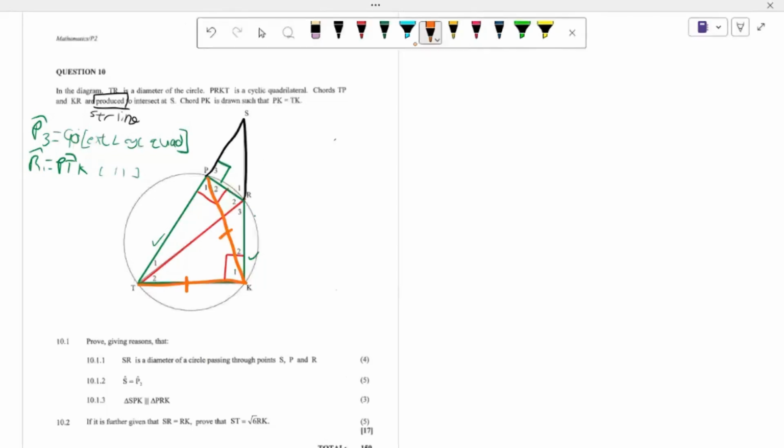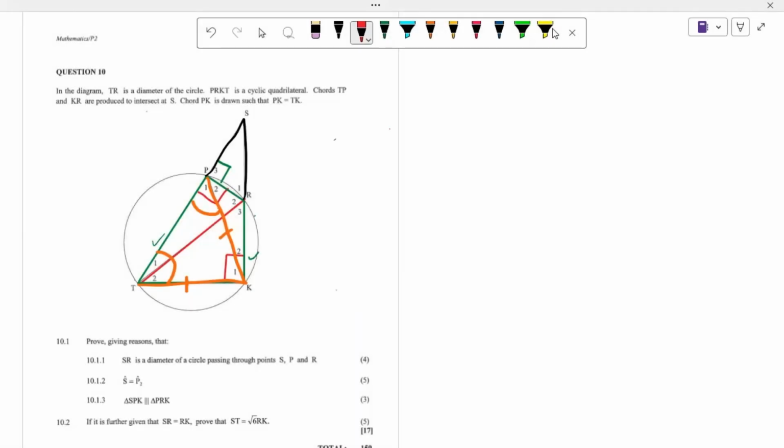If I have these sides equal, that means this angle is equal to this angle. And what would be my reason for that? As angles in an isosceles triangle, or some others are used to saying angles opposite equal sides.